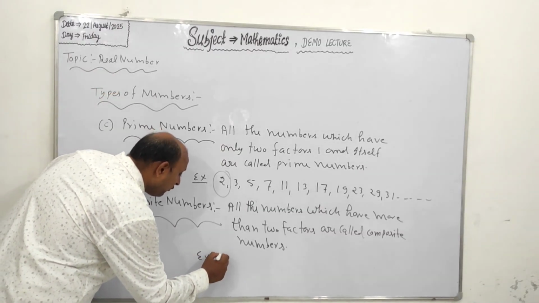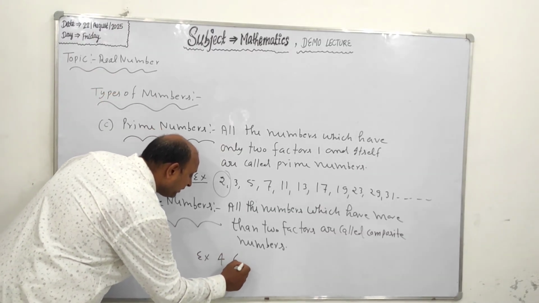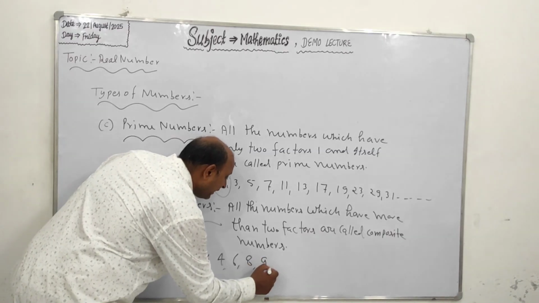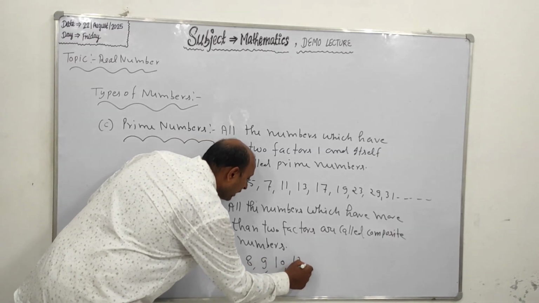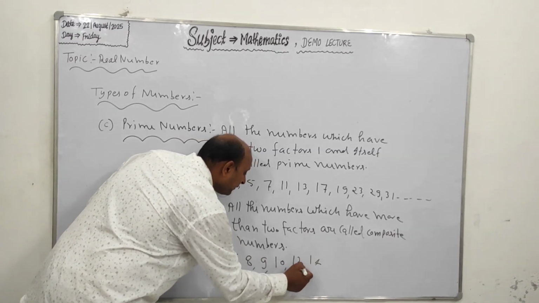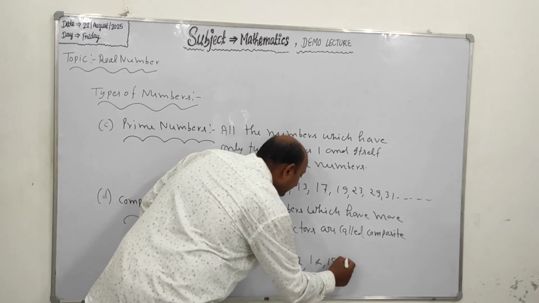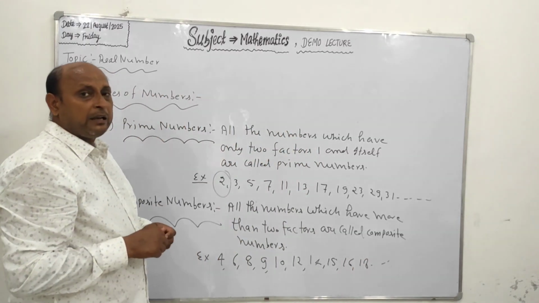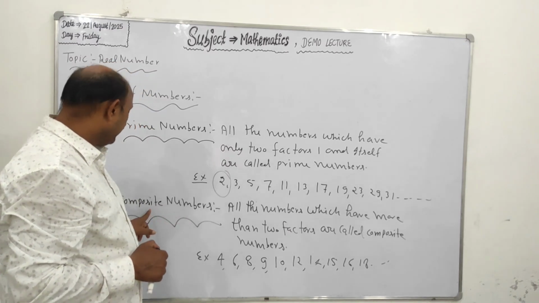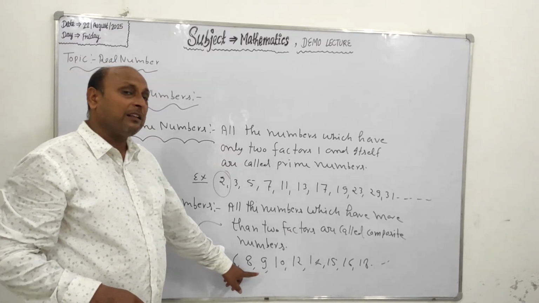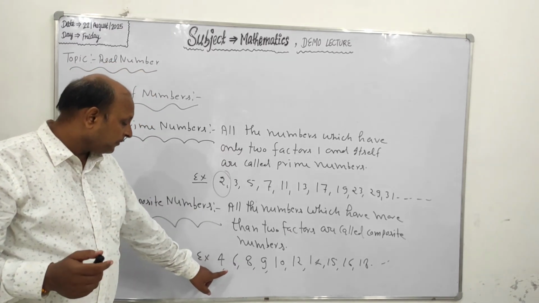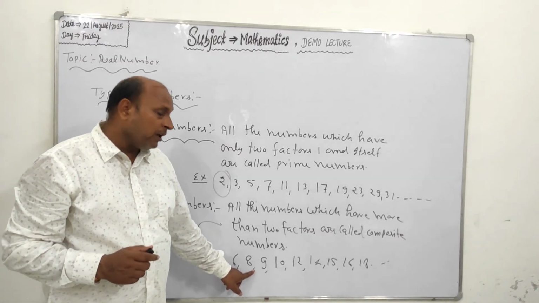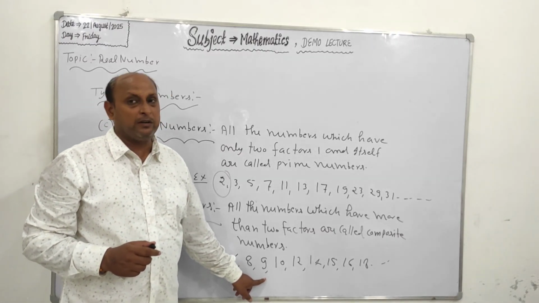Take some examples: 4, 6, 8, 9, 10, 12, 14, 15, 16, 18, etc. You can see that in the set of composite numbers, a few numbers are odd and a few numbers are even.